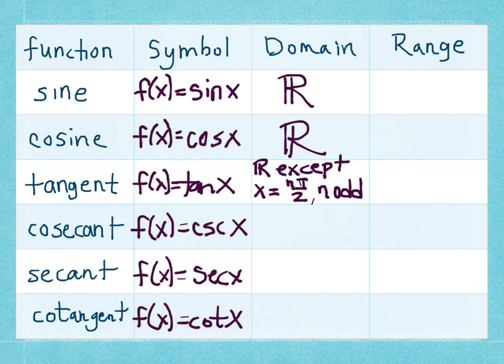I shouldn't have used x here, but I did, so we're just going to go with it. This is the x I'm talking about. It's the angle measure. Okay? So this is saying when my angle measure is an odd value, like 135, negative 135, negative 7, negative 243, whatever, times pi over 2, I'm going to end up either at the top of my unit circle or the bottom of my unit circle, and I can't have tangent values there. Make sense? Okay.